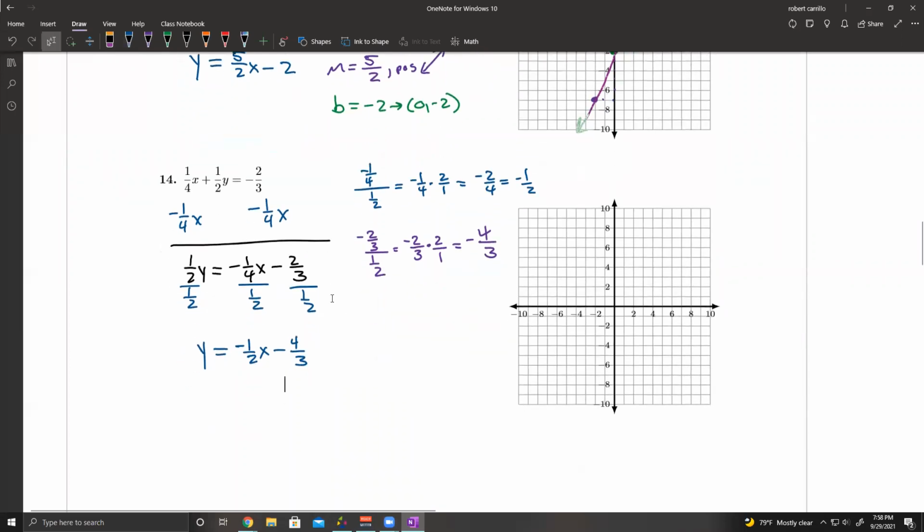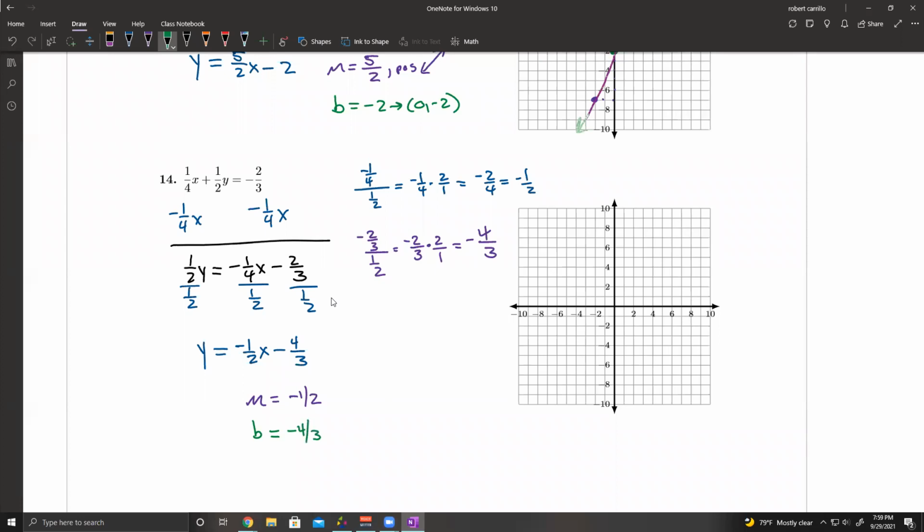Okay, cool. So what is my slope? -1/2. What's my y-intercept? -4/3.